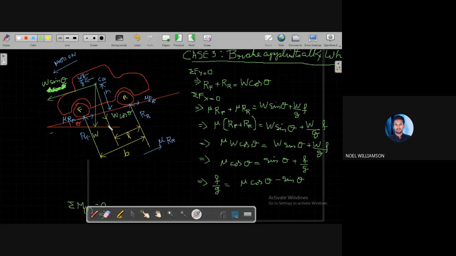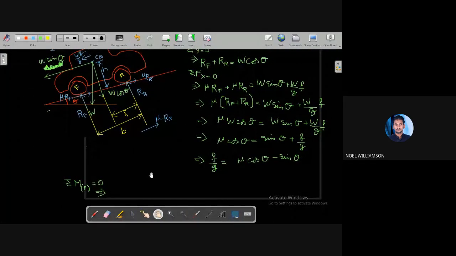So these forces create moments, and so we can write sigma M equal to 0, which implies: first, due to W sin theta, W sin theta into height h, which is in the counterclockwise direction.